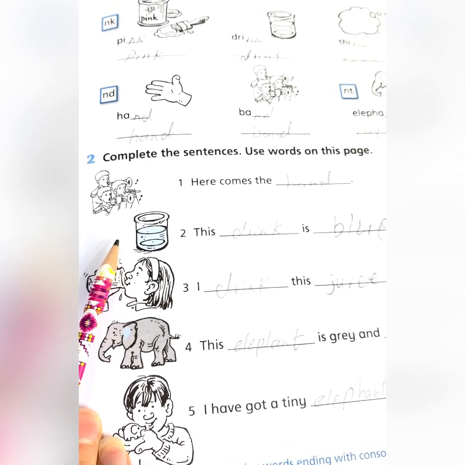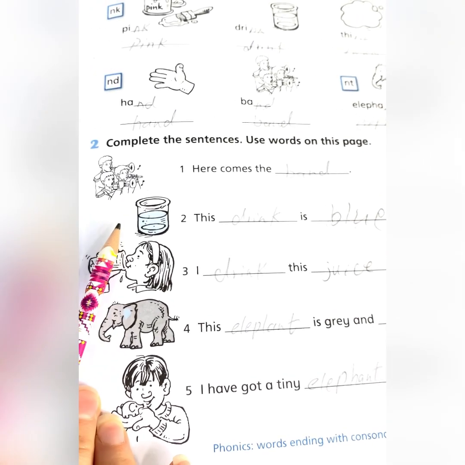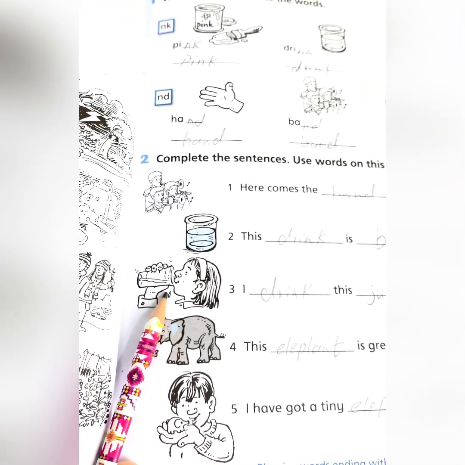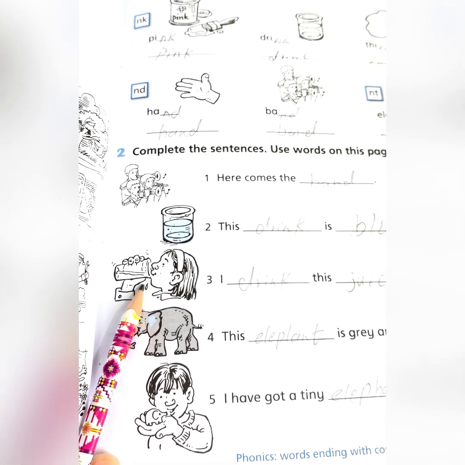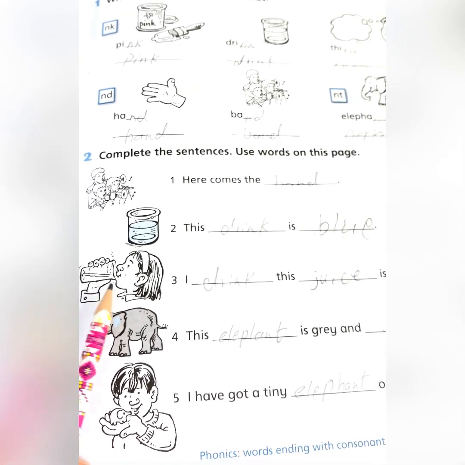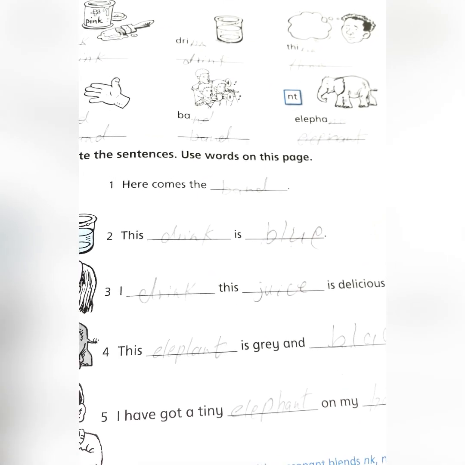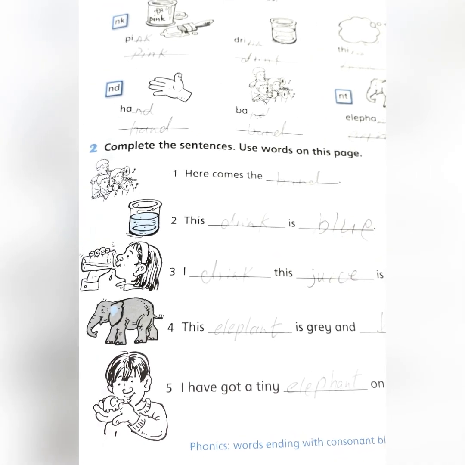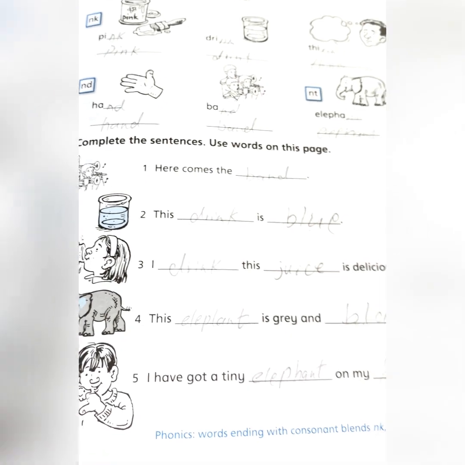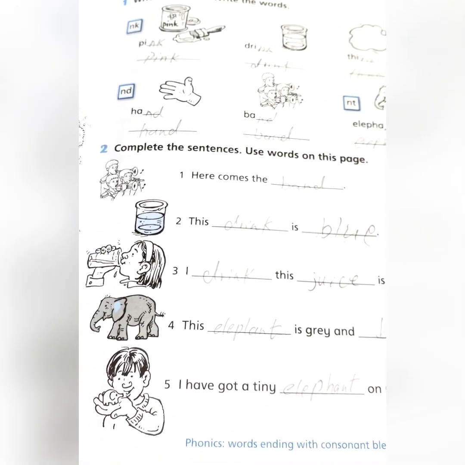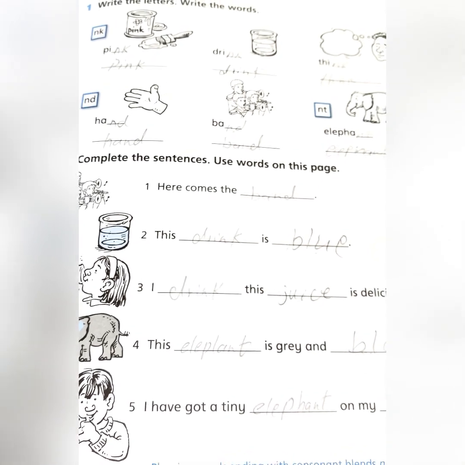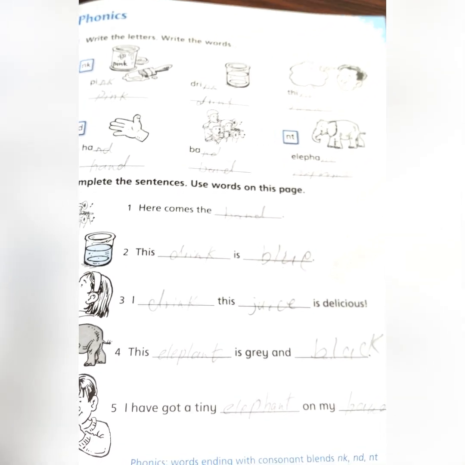We say this drink is blue. Then we have a girl. She's drinking, so we can say I drink, this juice is delicious. Then we have elephant. We can see this elephant is gray and black. Also we have a boy and we can say I have got a tiny elephant on my hand.